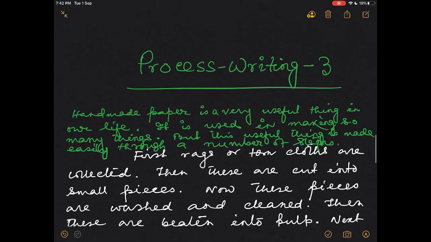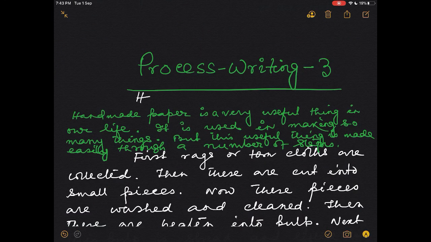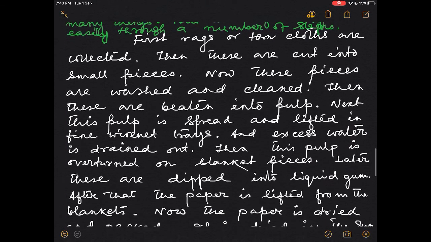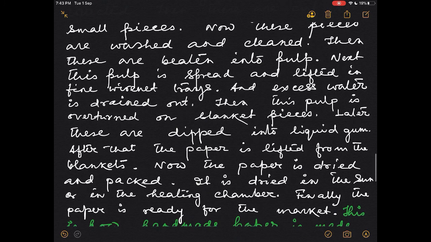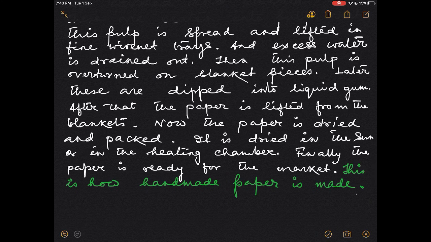Okay, and give one heading: handmade paper making. This is the heading, this is the introduction, and the writing in white ink is the main body, and this is the conclusion.